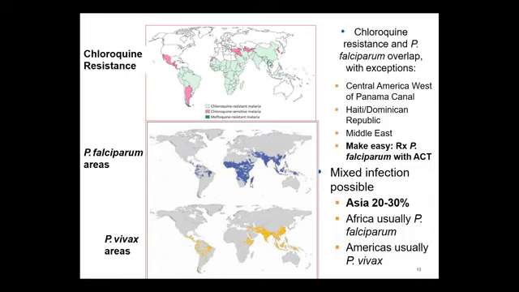If a mosquito bites a person, or several mosquitoes bite a person, a person may have several strains at the same time. He may have not one type of malaria, but several types at the same time. And this mixed infection is possible in Asia because they have a falciparum area plus a vivax area. In Africa usually falciparum prevails, and in America usually Plasmodium vivax prevails.